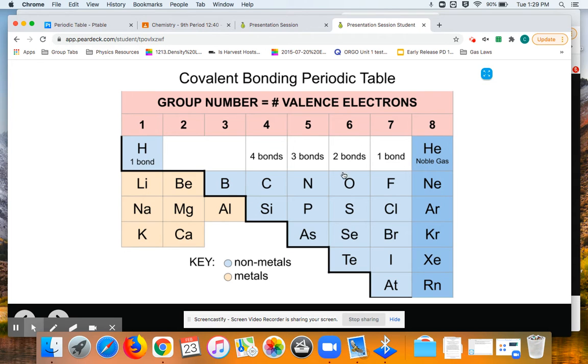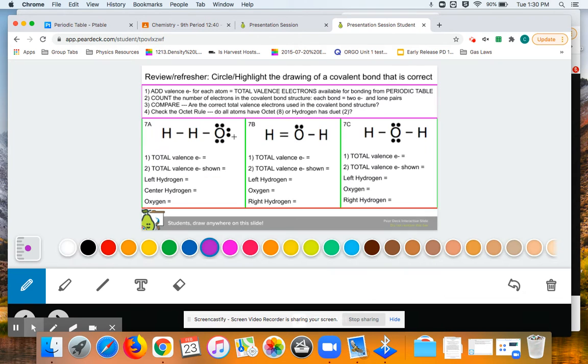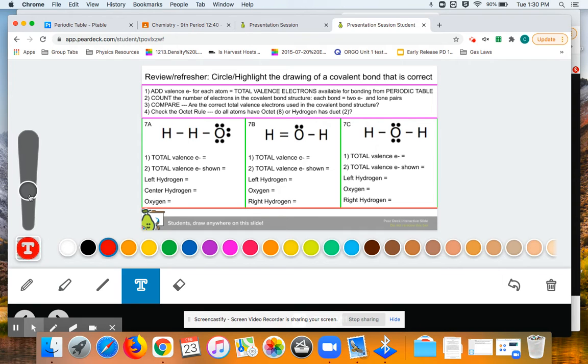O is in the 6th column, so it has 6 valence electrons. So my total valence electrons is going to be 1 plus 1 plus 6, which is 8. This is how many there should be based on the periodic table.